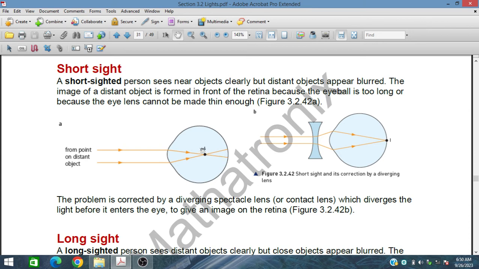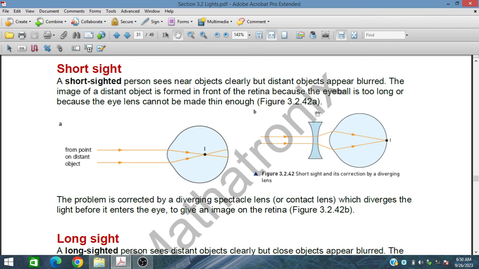So we place diverging spectacles in front of the eye, so it will slightly diverge the rays and they converge at this place. Instead of this place, the image will be formed here after placing this thin lens or diverging lens.